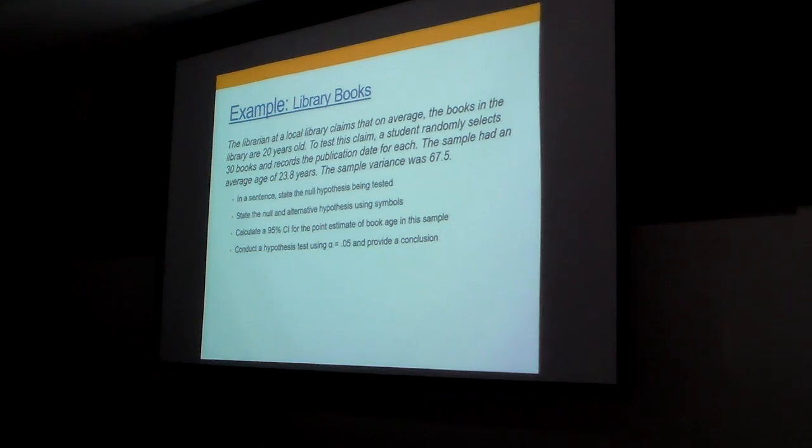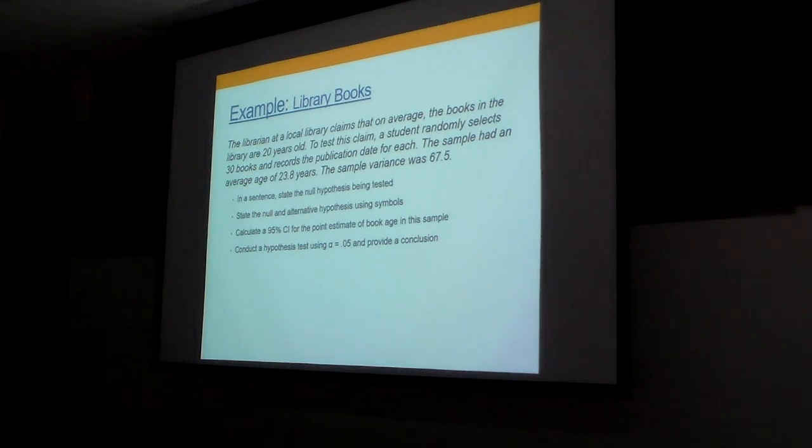It's slightly over, closer to 21. So it should be close to that 0.05. Is 20 in this interval? No, right? So what do we already know about our hypothesis test? What are we going to do with it? We're going to reject, right?